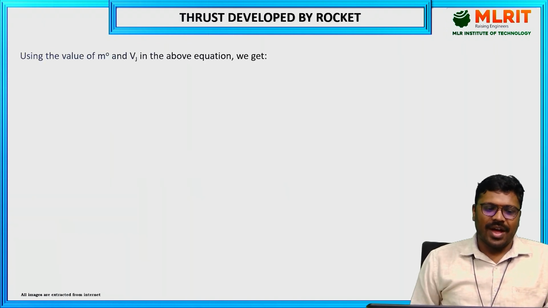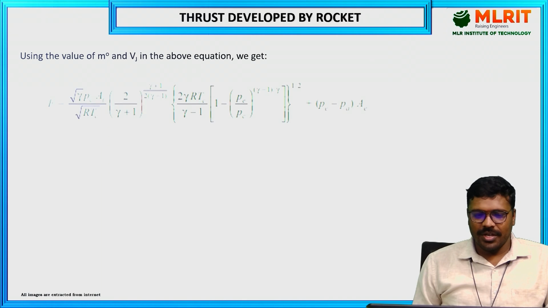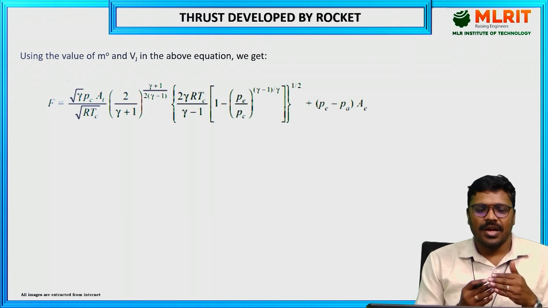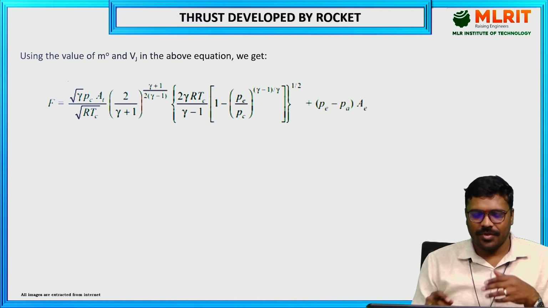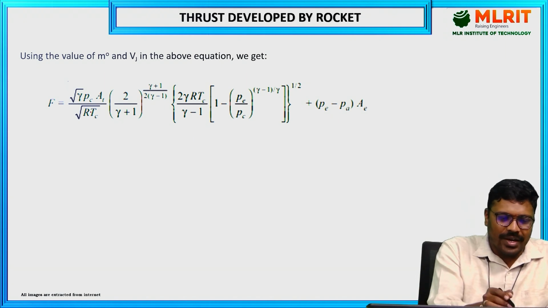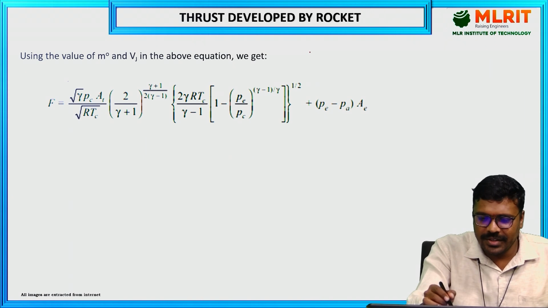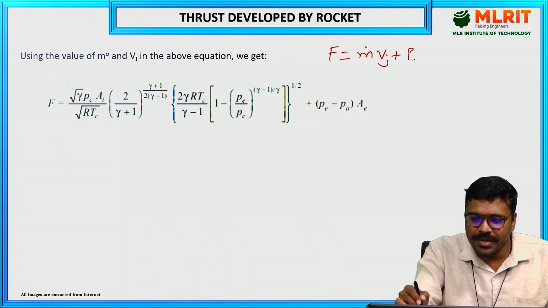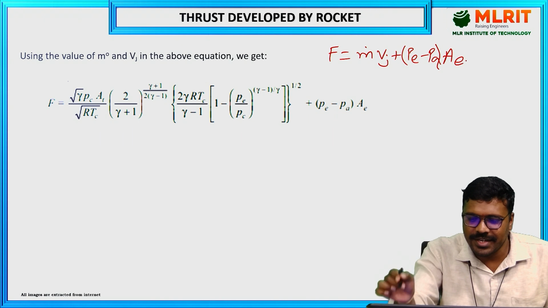In the previous lectures we already derived the equation for mass flow rate through a nozzle and the equation for velocity of the jet at the exit. Substituting m dot and Vj, the basic formula is F equal to m dot Vj plus Pe minus Pa into exit area Ae.